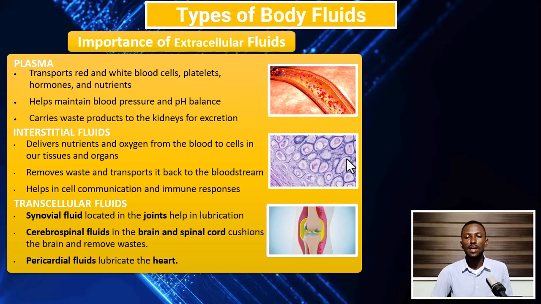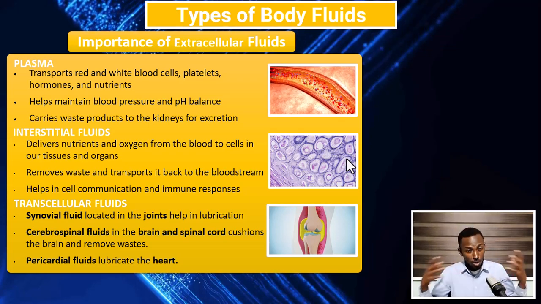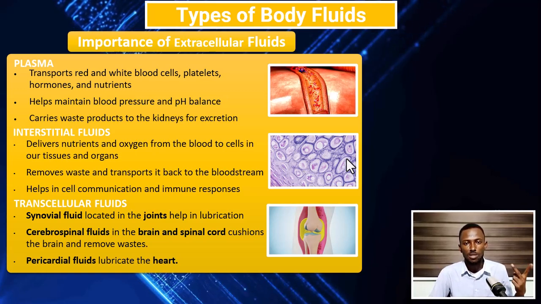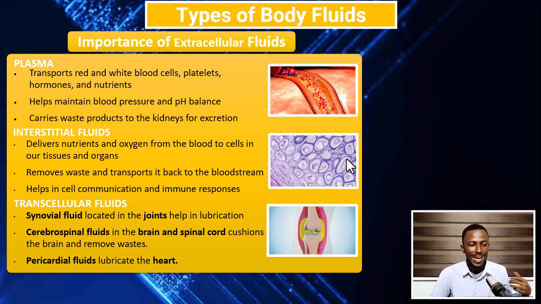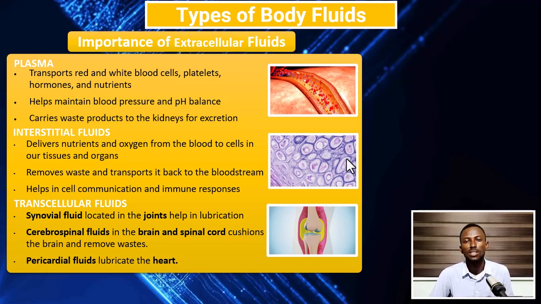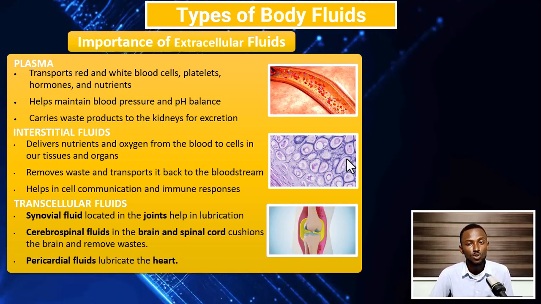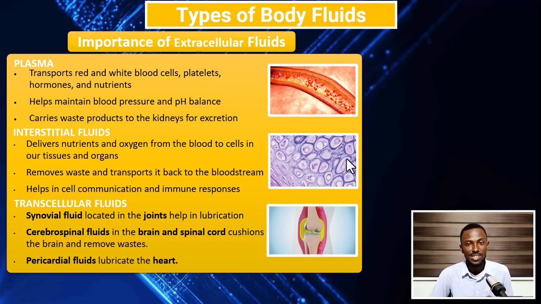And finally, we have transcellular fluids. How important are they? We have so many transcellular fluids, but I'll talk about just three of them. I'll talk about the synovial fluid, cerebrospinal fluid, and pericardial fluid. For the synovial fluids, it helps in lubricating our joints. Without them, movement in our joints will be restricted or nearly impossible.